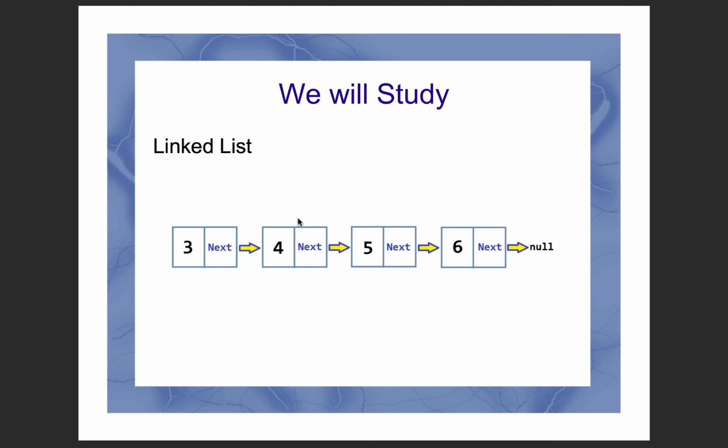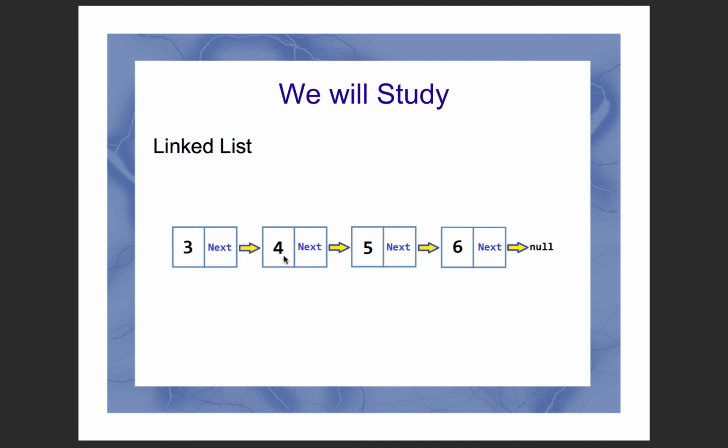Each block is called a node. Each block contains two different pieces of information. One is the data. The left side part of the node contains data, and the right side part of the block contains the address of the next node. So the right side information basically says what the next node is.